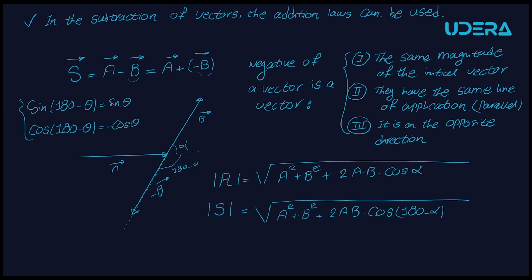So here I can rewrite the subtraction formula as A square plus B square minus 2AB times cosine of alpha.